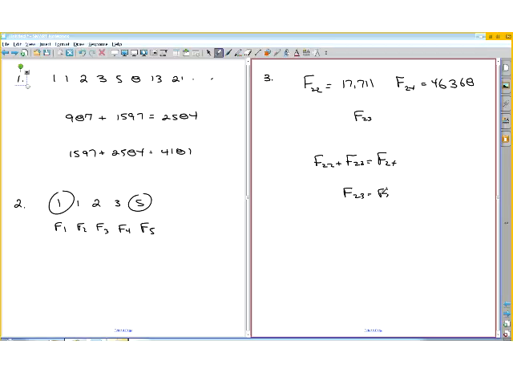It's going to be F24 minus F22. So we have 46,368 minus 17,711, and we get 28,657.